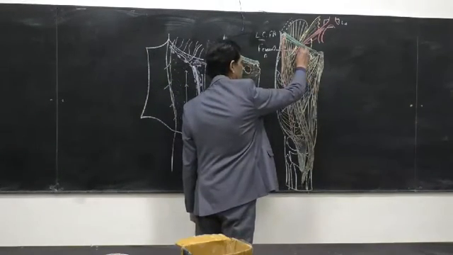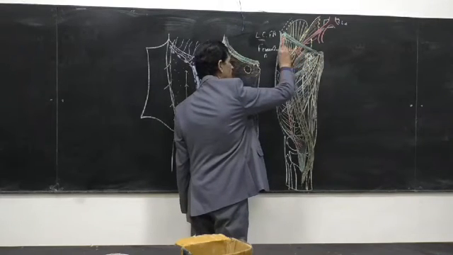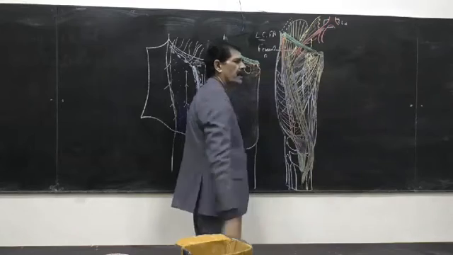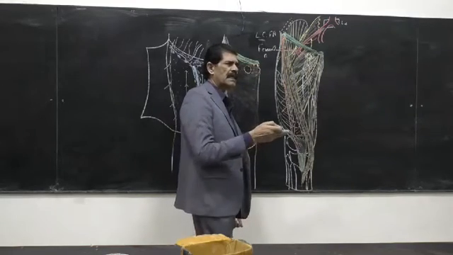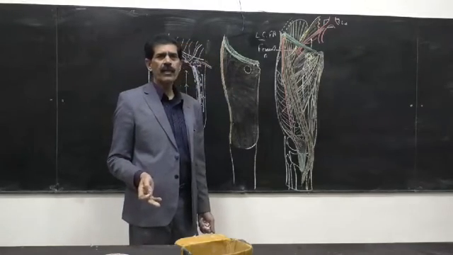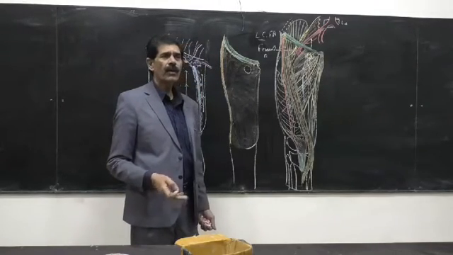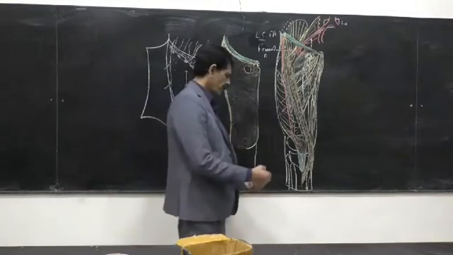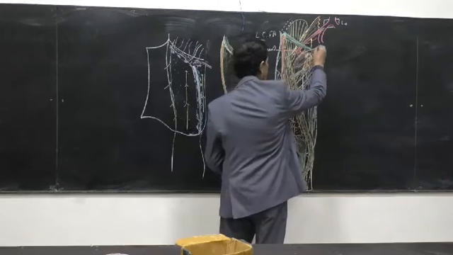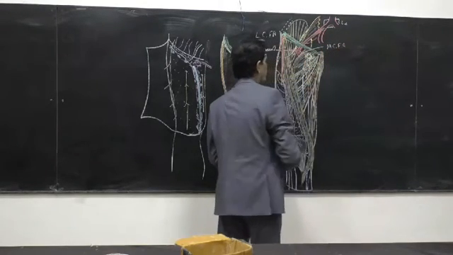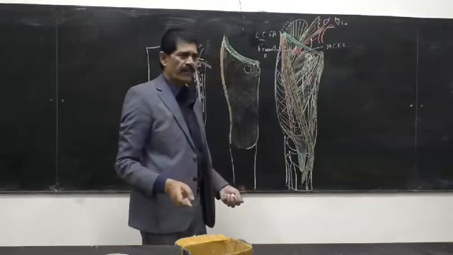Then the third branch is the transverse branch. The transverse branch is horizontal. It goes and skirts around the shaft of the upper part of the femur, and it meets its fellow, the transverse branch of the medial circumflex femoral artery. The medial circumflex femoral artery has only two branches.